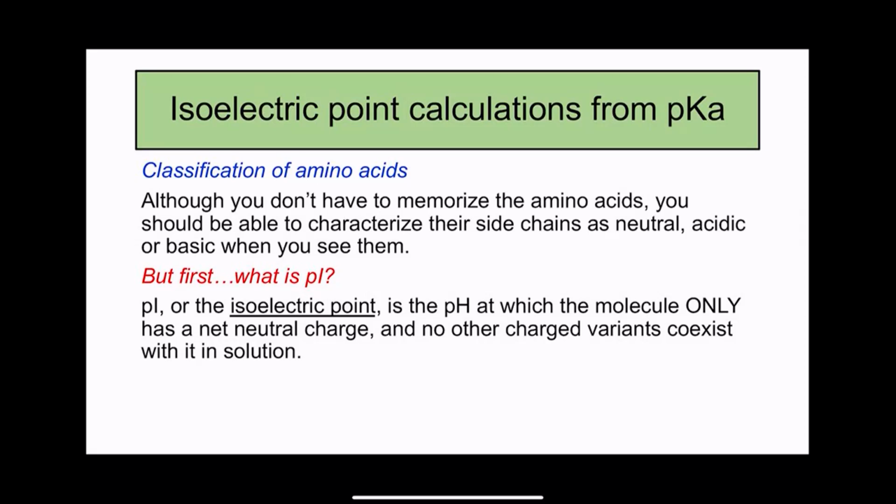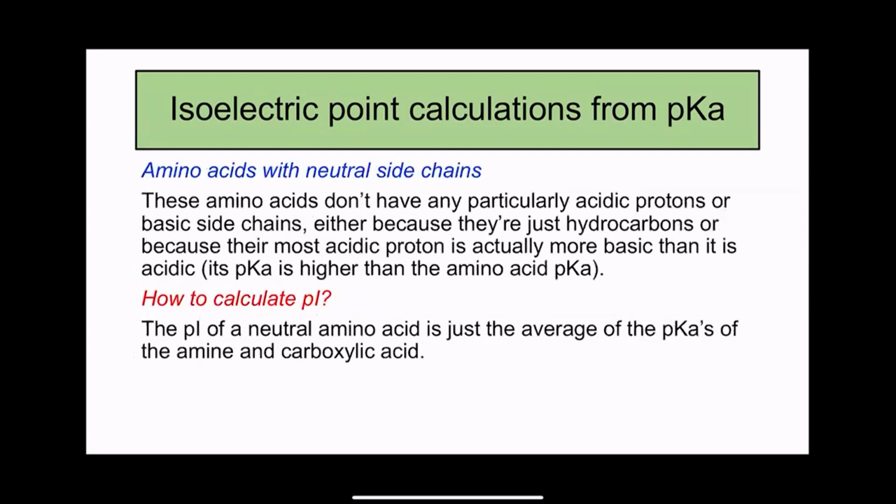Okay. And then your key concept for this section is what the isoelectric point is. And so that is the pH at which the molecule has a net neutral charge. And so if you were to count up all of the charges on the molecule, it will equal 0. So then next we want to consider how do we figure out what the pI of an amino acid is.